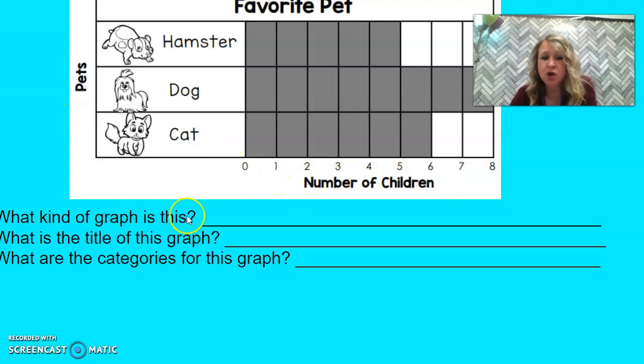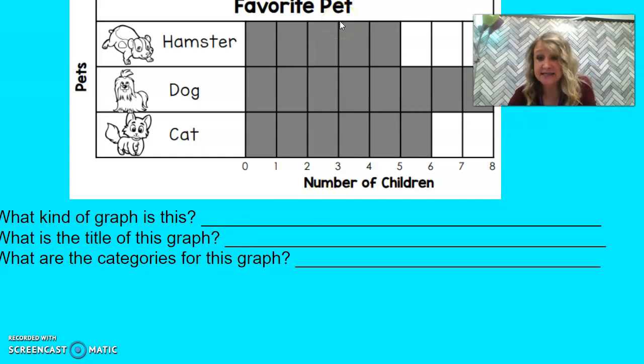What kind of graph is this? Is this a picture graph or a bar graph? A bar type graph, because it colors in the rectangles for each vote. What is the title of this graph? Is it favorite pet?